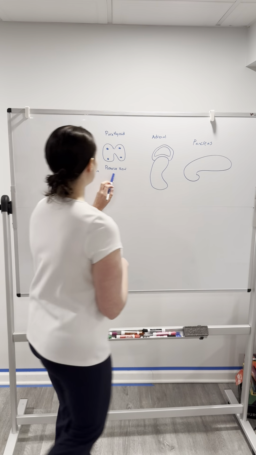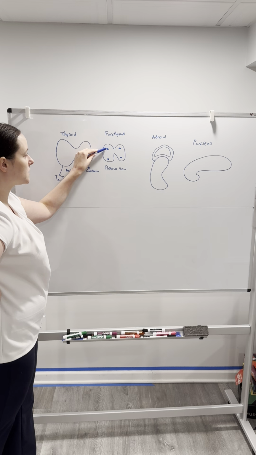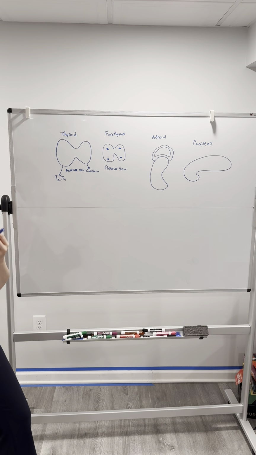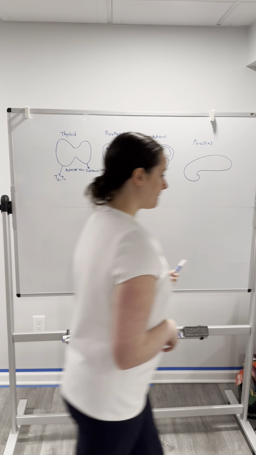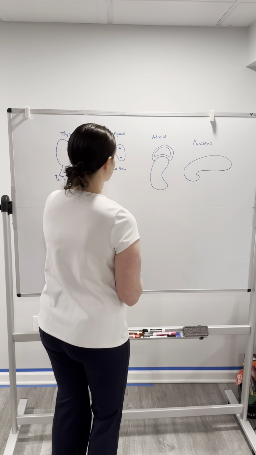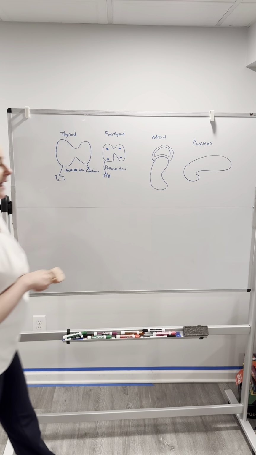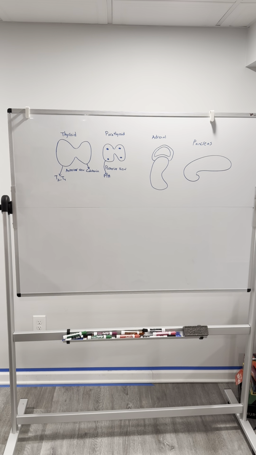Parathyroid glands: this is the posterior view of the thyroid. The parathyroid glands are these four little nodules on the back of the thyroid. We have two types of cells for our parathyroid gland as well. Chief cells, also known as principal cells, produce parathyroid hormone, PTH, and then there are oxyphil cells.